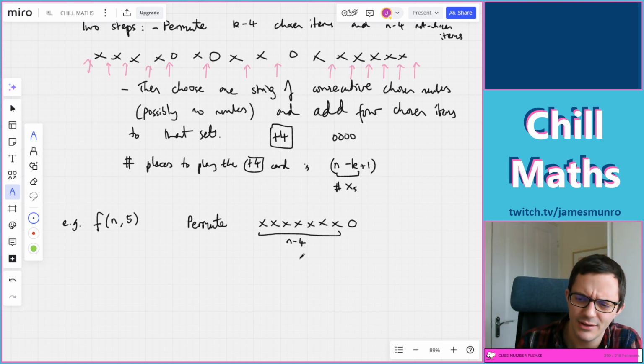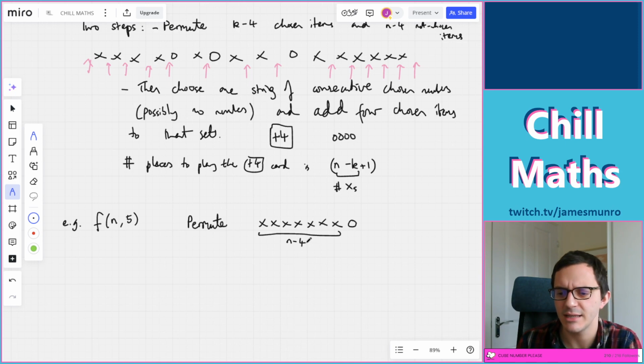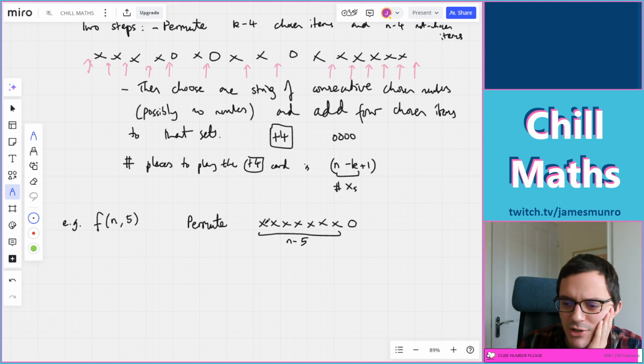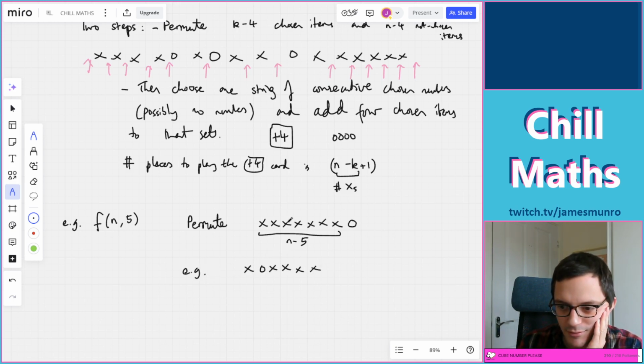There are n-5 choose 1 or something. n-k, sorry. Yeah, the number of ways to permute all the things you're not choosing, which is n-k, and this 1 circle. Permute these, so e.g. you will end up with 1, 2, 3, 4, 5, 6, 7, 1, 2, 3, 4, 5.